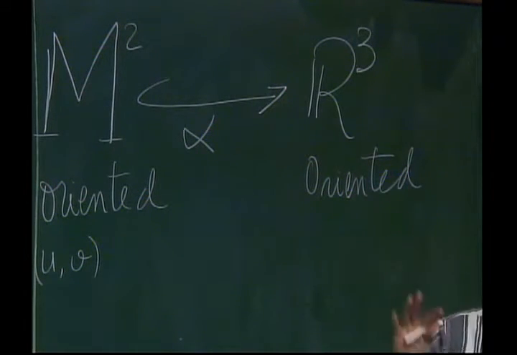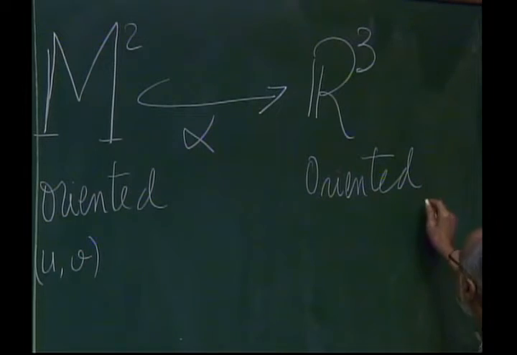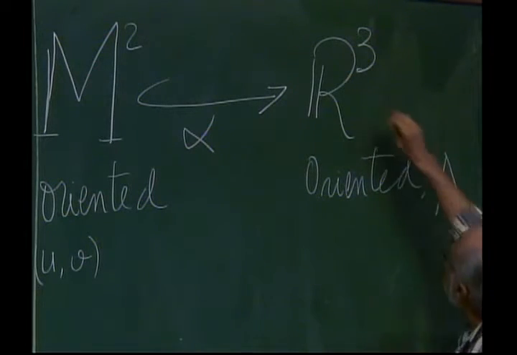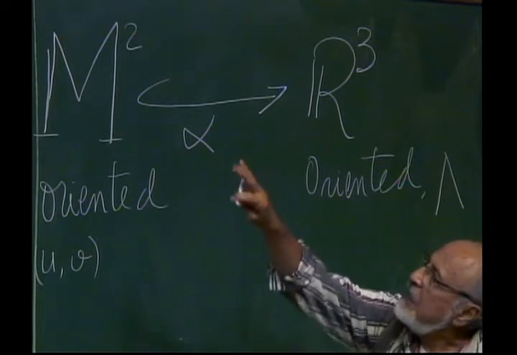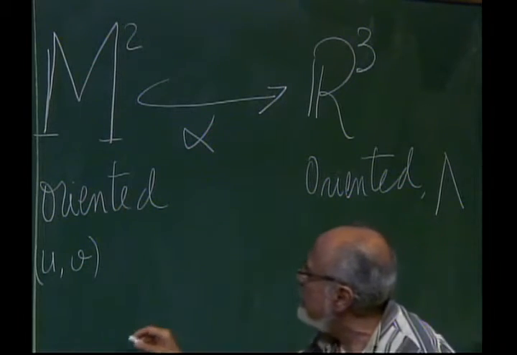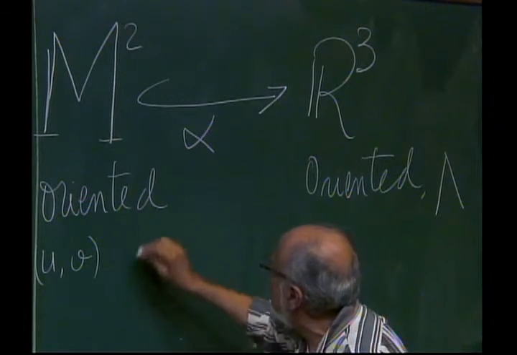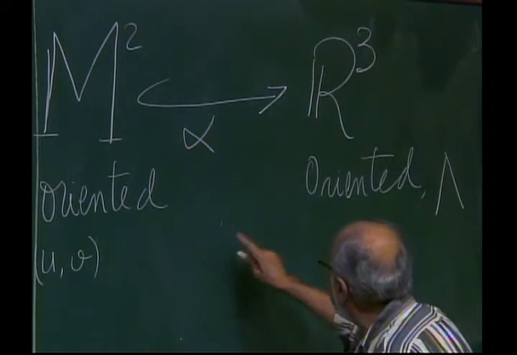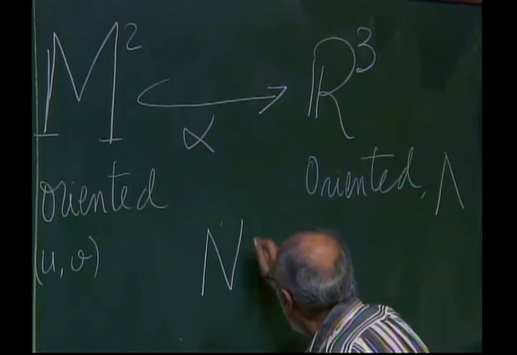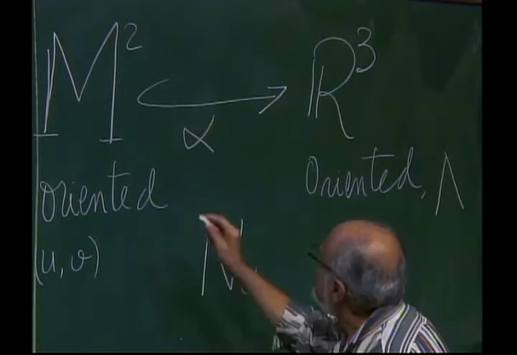So principal geometry is an oriented geometry. You have orientations. This means that you have a wedge product here. With these two gadgets, you have the normal to the immersion. So this is an immersion.